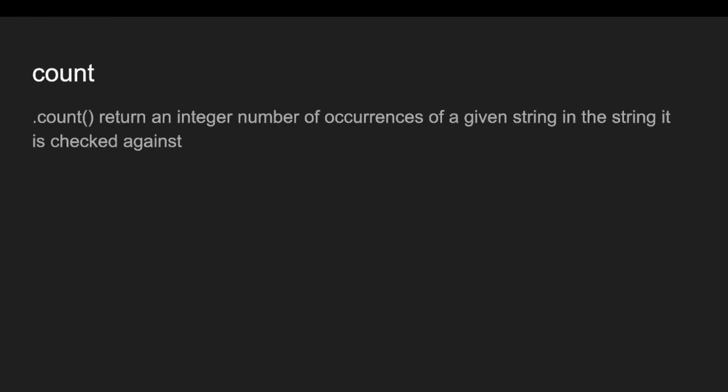Let's move on to the count function. The count function returns the number of occurrences of a given string inside the original string. We use it with the string to count given inside the parameters.